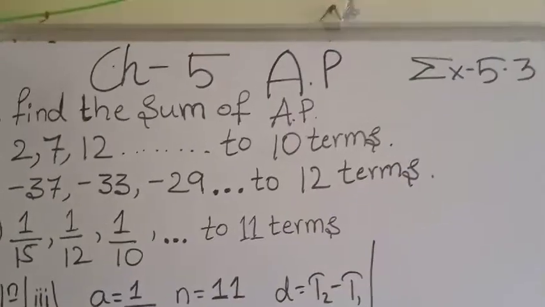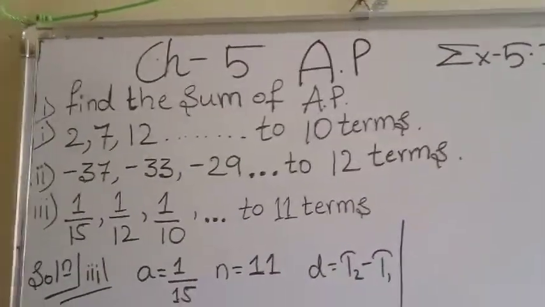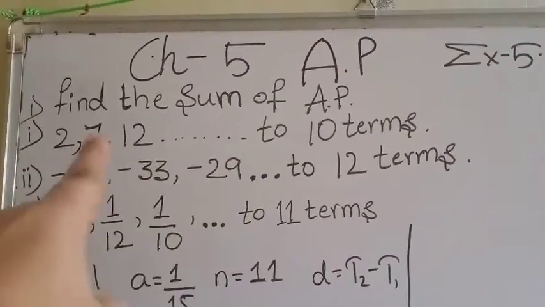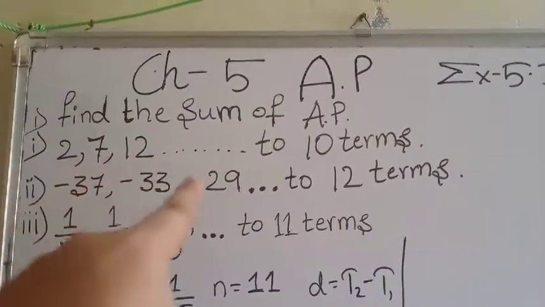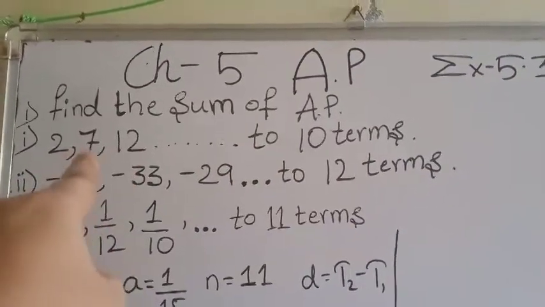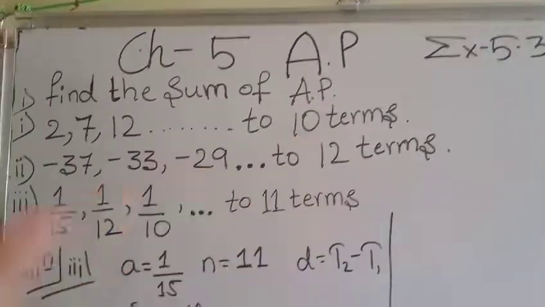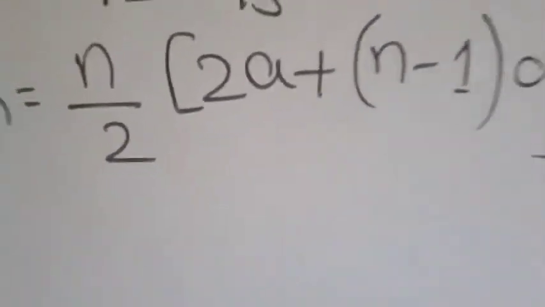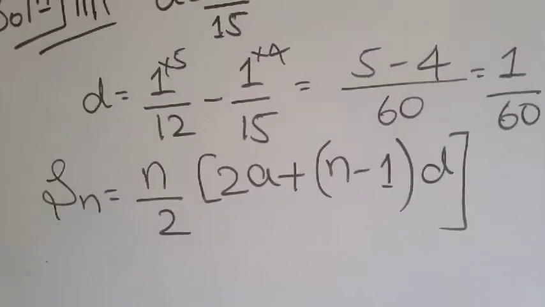So we'll start exercise 5.3, finding the sum of an AP. The first one: 2, 7, 12, up to 10 terms. The a value and d value are there, and 10 terms are there in the AP. Just substitute the values in this formula and you will get the sum of 10 terms.